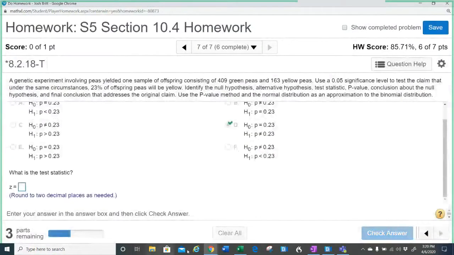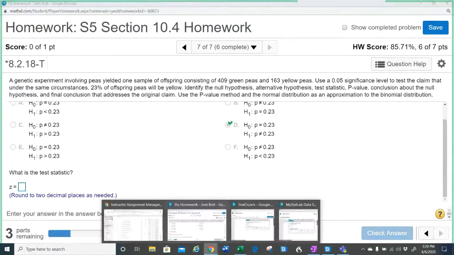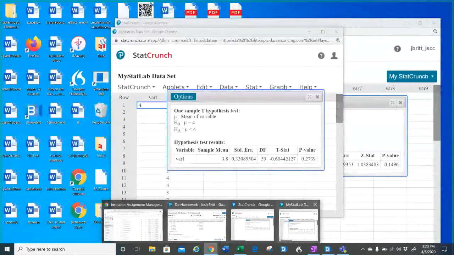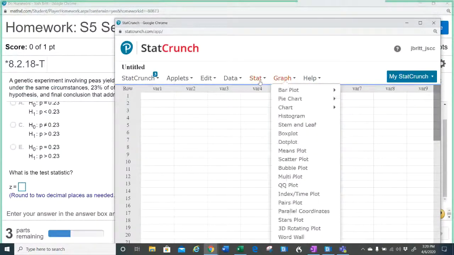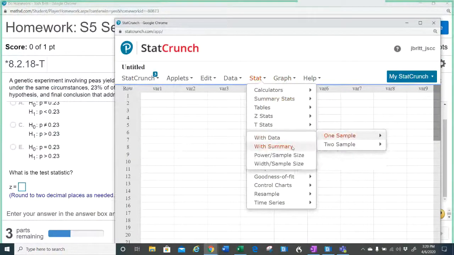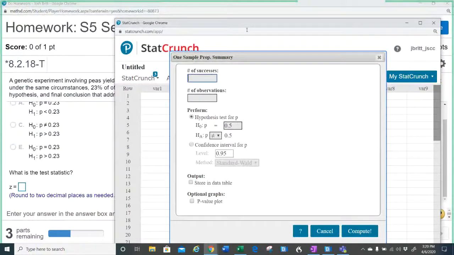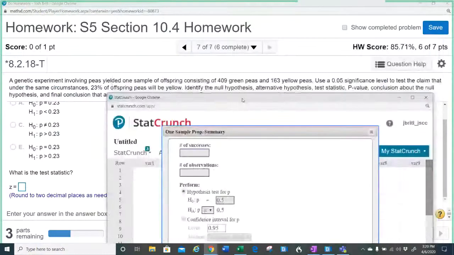And then we'll get our test statistic here. So we're going to go proportion stat, one sample with summary. Number of yellow is 163.